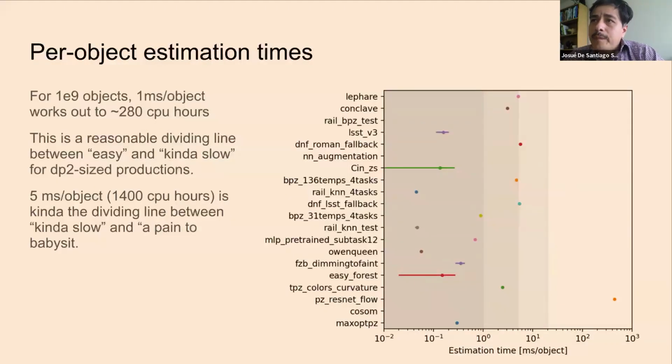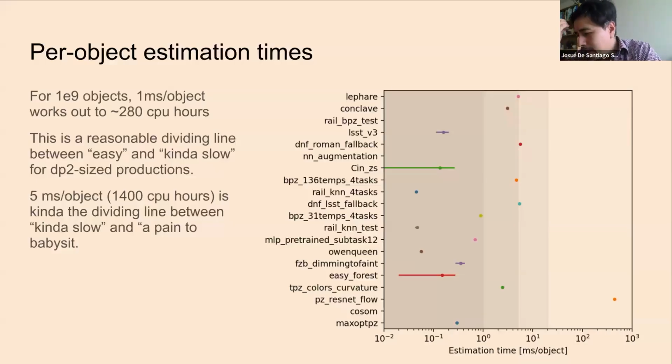This is the estimation time. We want the estimation time to be around 1 millisecond per object or smaller, because otherwise, once we have the full data sets of LSST year 10, we're going to run into problems. So the ones that have more than 1 millisecond per object will be hard to run at scale.